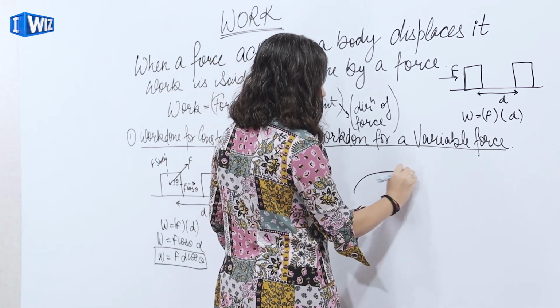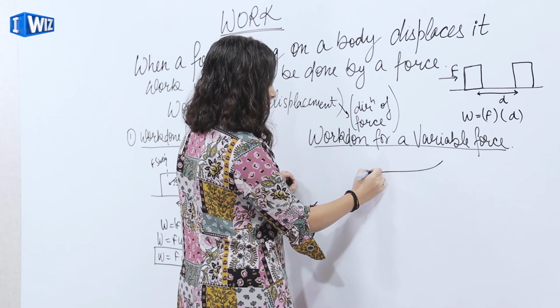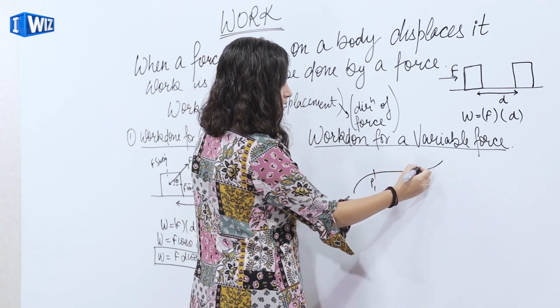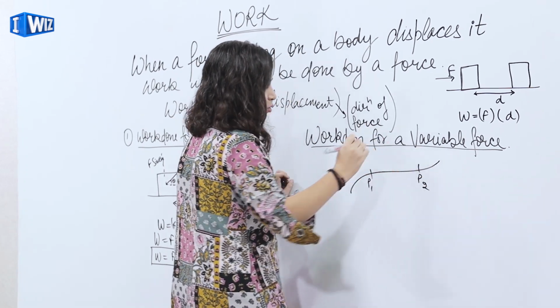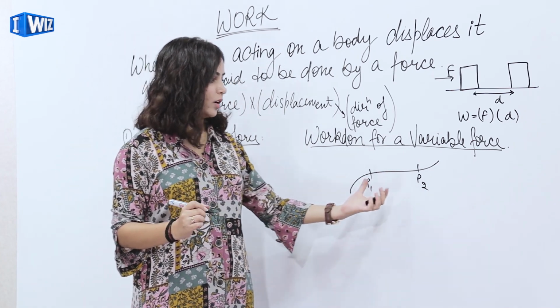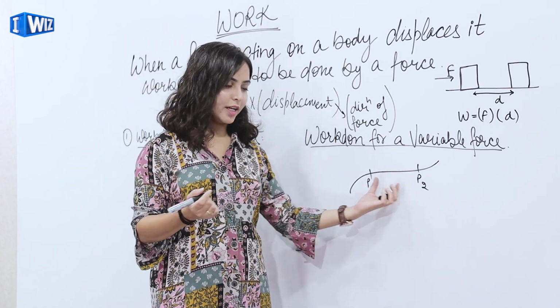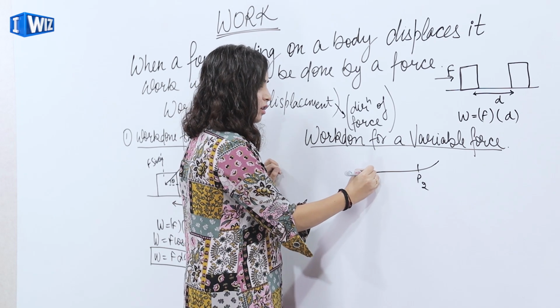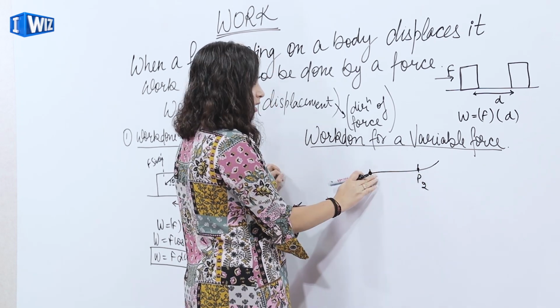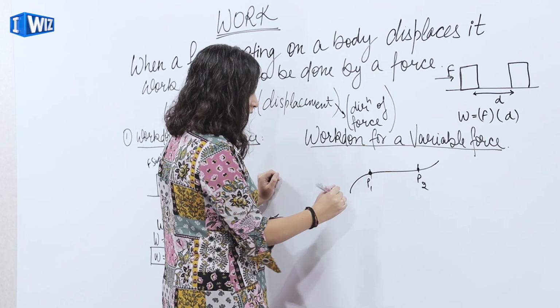We'll consider like this, say point P1 and point P2. We have to calculate the work done in moving the object from point P1 to P2. Here the direction of the force is varying.